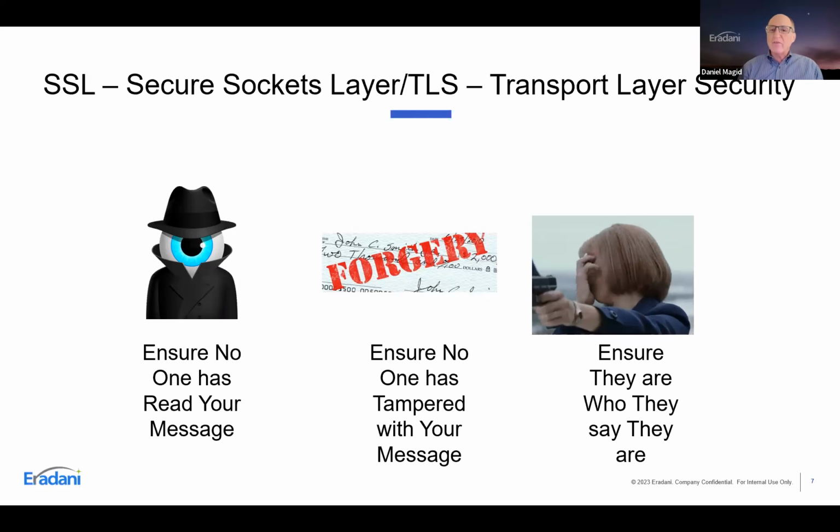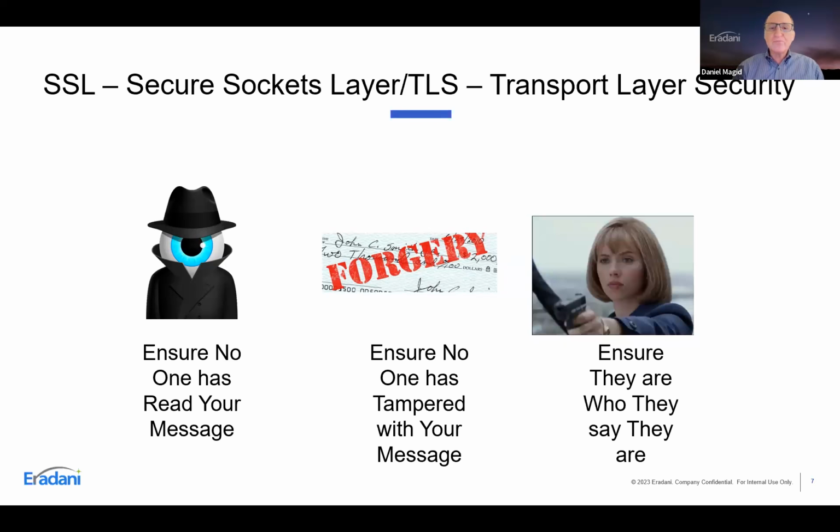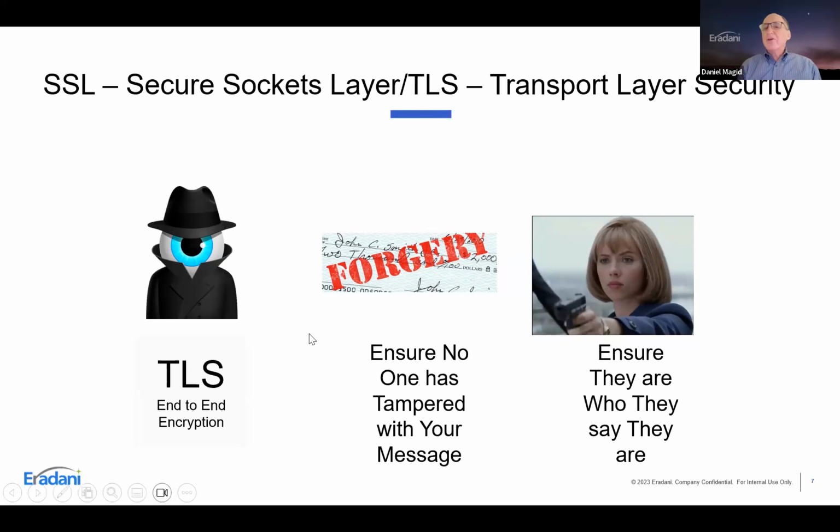For those of you who are Marvel fans, you want to make sure that they are who they say they are and that they're not spoofing some other user. To do those things, you implement several different technologies inside that central integration hub. TLS is the basics, the communication layer where you are encrypting all the communication, so no one can read your messages going through, only the sender and the receiver, the appropriate people involved.